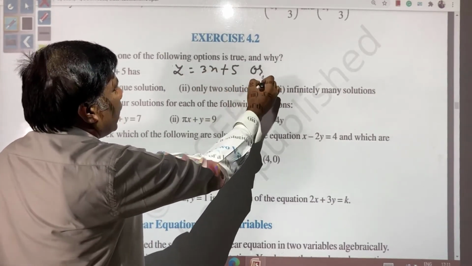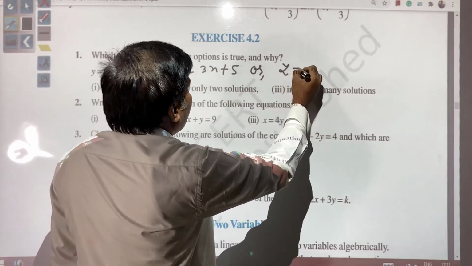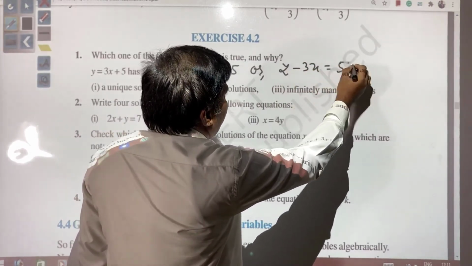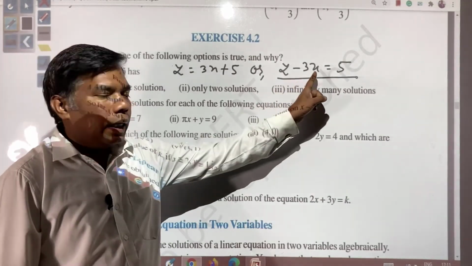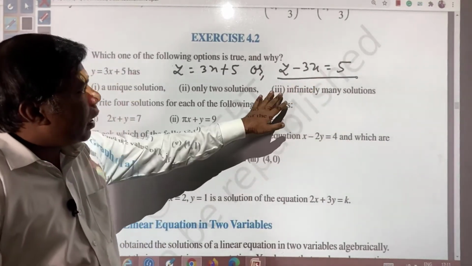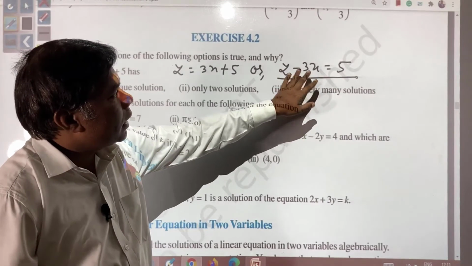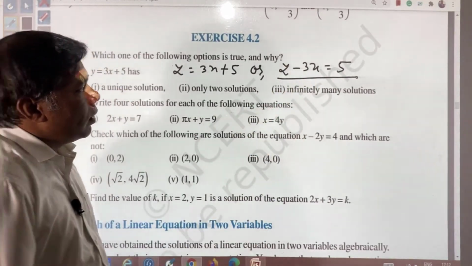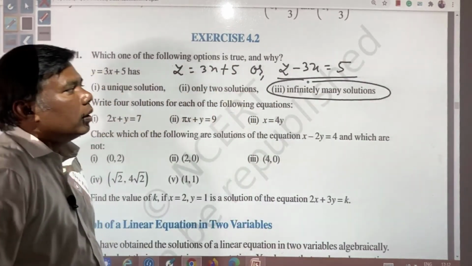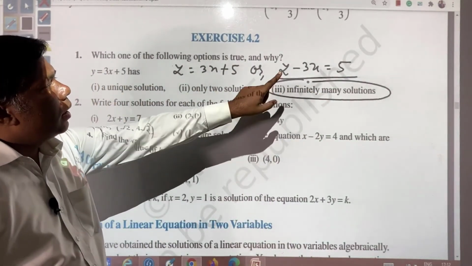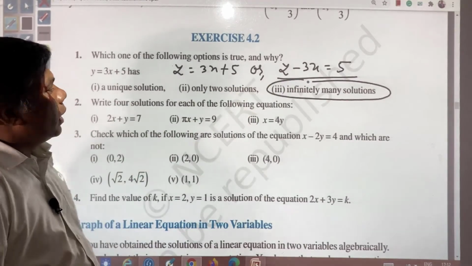This can be written as y minus 3x is equal to 5, and this is what? This is a linear equation in two variables. Just now you have seen, if a linear equation is there of two variables, then infinitely many solutions you will get. So this will be your answer, infinitely many solutions.